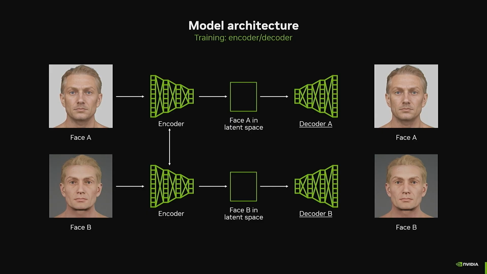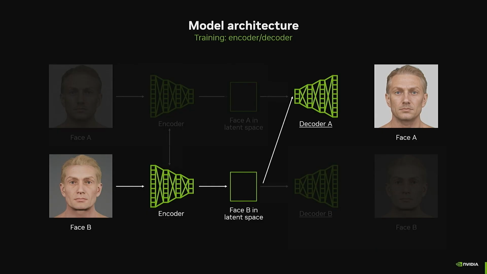Easy. So how are we doing the swap? We just use the decoder A to decode the face B, and because the decoder A was trained on decoding the face A, the result is that we have all the features of the face B going onto the face A, and that's it. This is how it works.